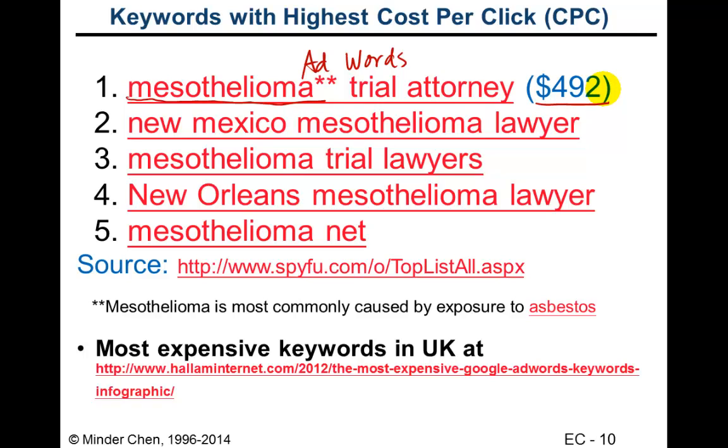If their page shows up as a sponsored link and you click on it, Google will get paid $492. So what is this illness? It turned out to be an illness that's very common when people are exposed to asbestos. Actually, the top 5 most expensive keywords are all related to this type of disease.